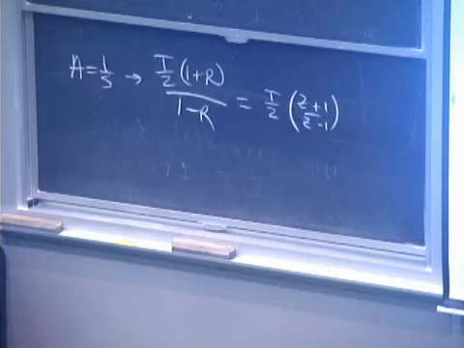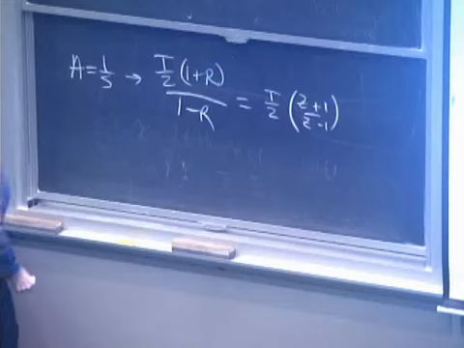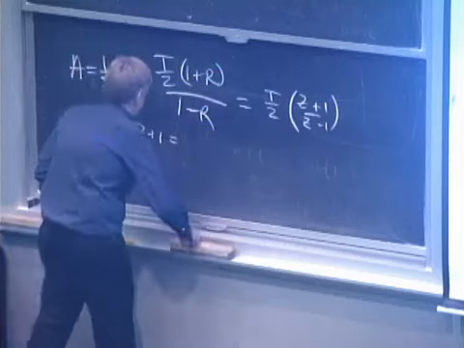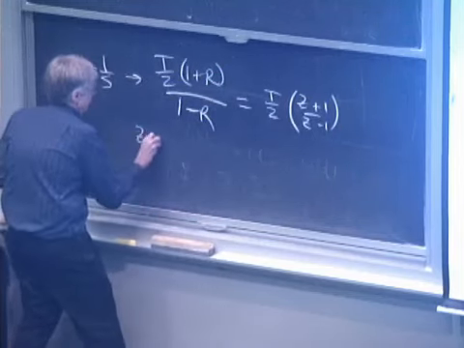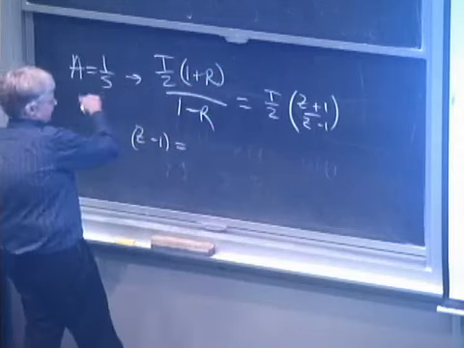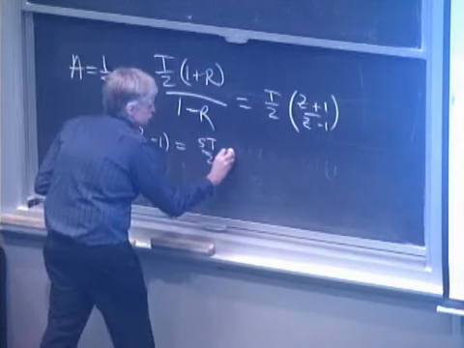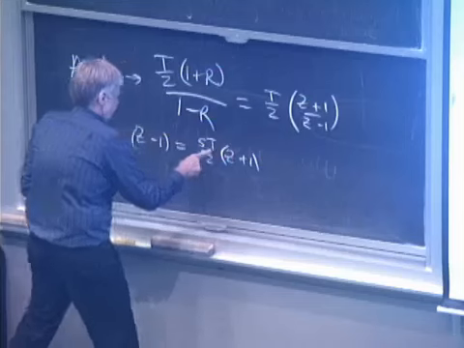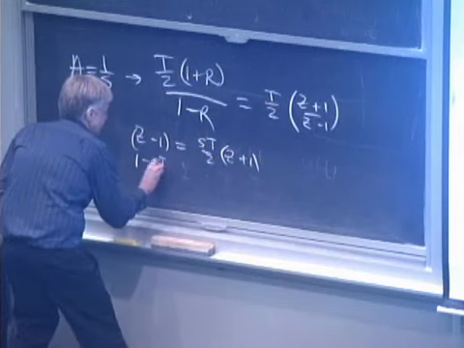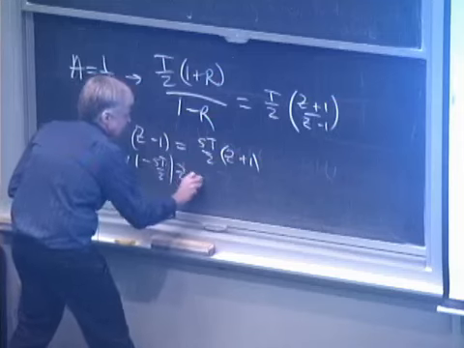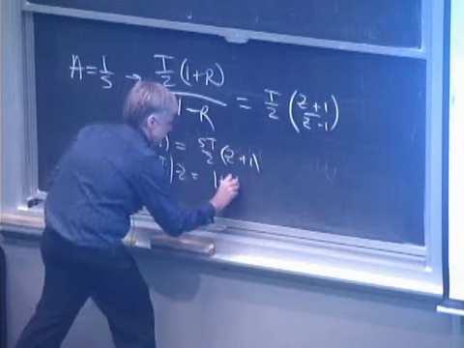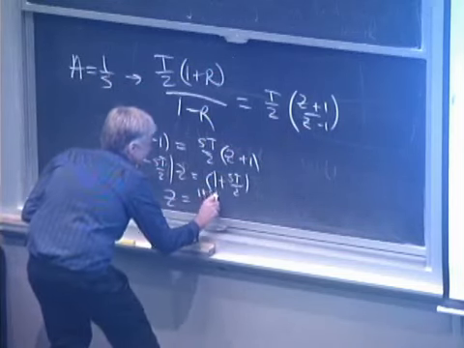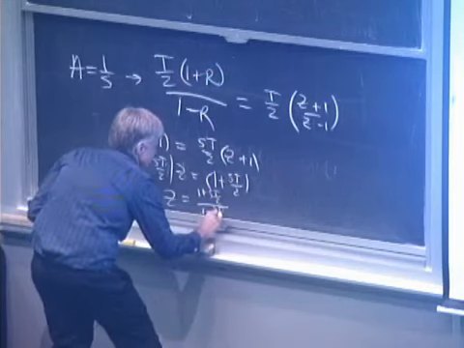I don't think I made any mistakes yet. So then I get, so z plus 1, z minus 1. Bring that over there, bring that over there. st over 2z plus 1. And now bring the z's over here. 1 minus st over 2 operates on z to give me 1 plus st over 2. So z is 1 plus st over 2 over 1 minus st over 2.